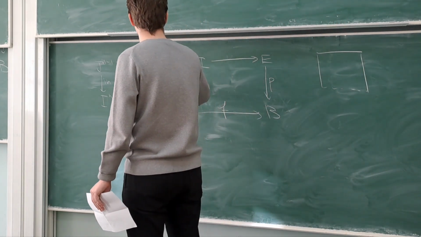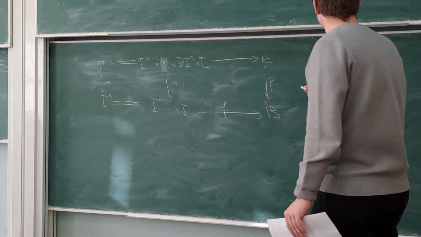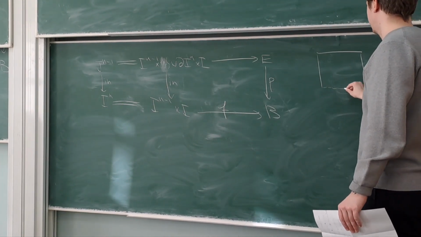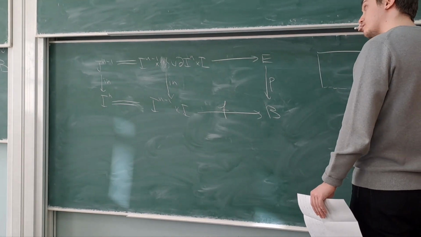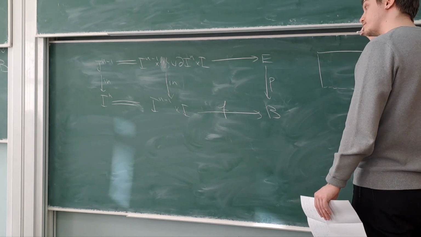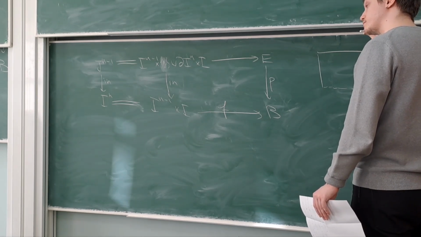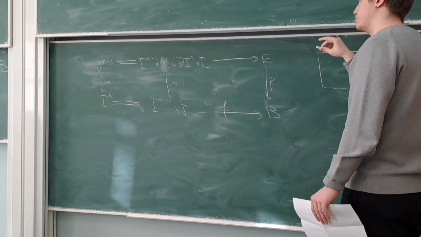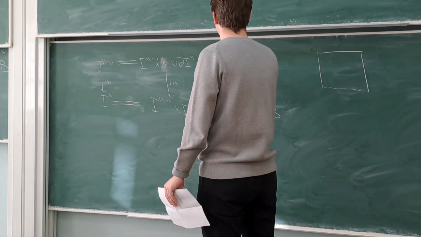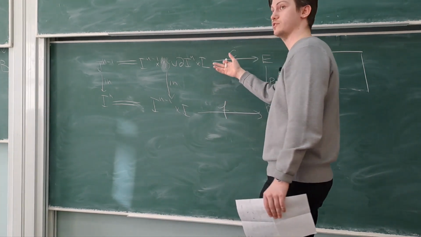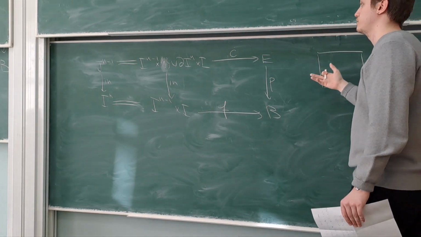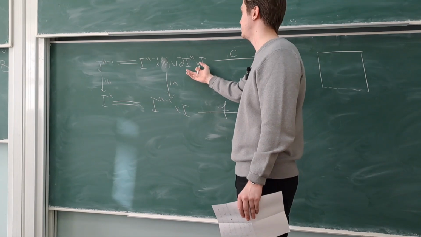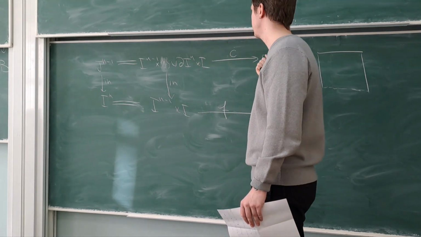It should be 1, I think. What I want to do is define this map just by a constant map, that maps everything to the base point.